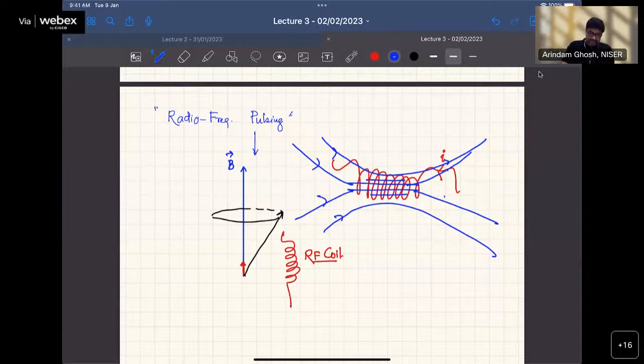But if I now change the current direction, and the current goes in the other direction, then the magnetic field lines of force will be nearly the same. The only thing is that now they will be pointing in the opposite direction.